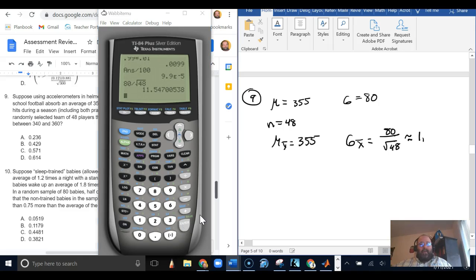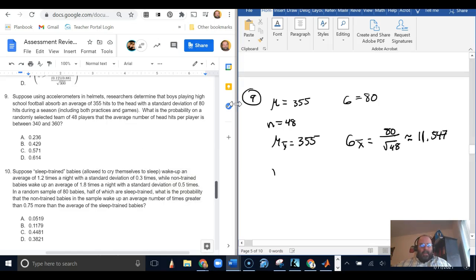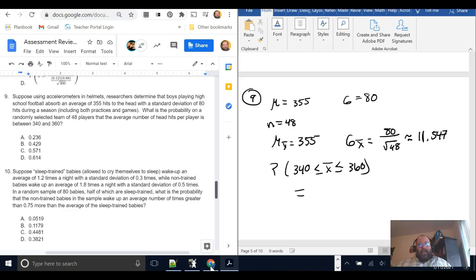Seems to be giving about 11.547. So I want to know the probability that 340 is less than or equal to x bar is less than or equal to 360.